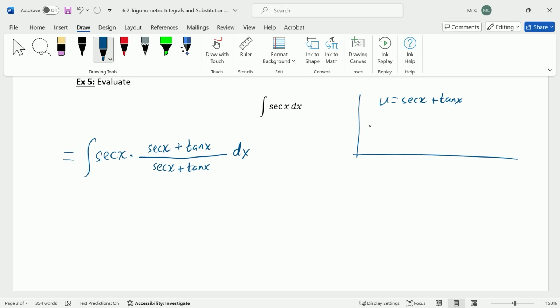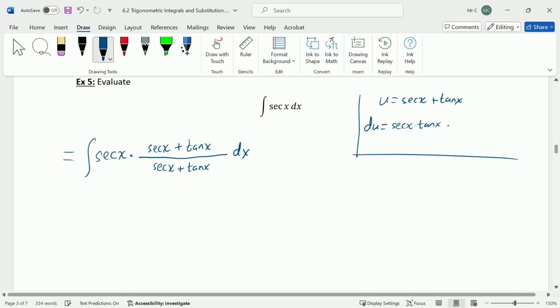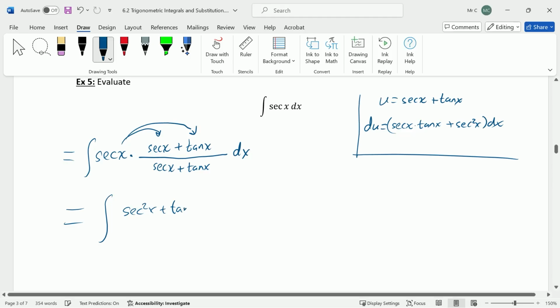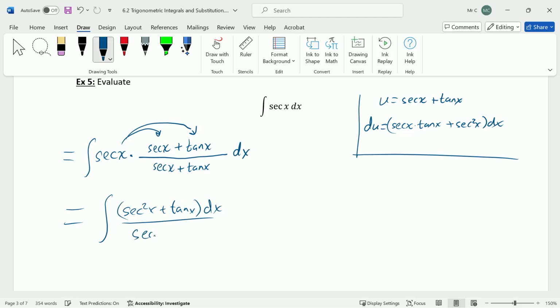So if we take a look here, du, derivative of secant of x is secant of x tangent of x. And the derivative of tangent is secant squared of x. So notice that the terms I multiplied here, if I distribute this secant of x up top, I get secant squared of x plus tangent of x dx over secant of x plus tangent of x.